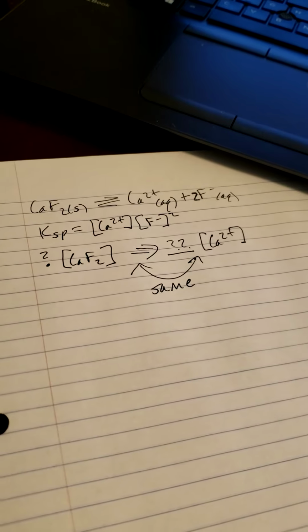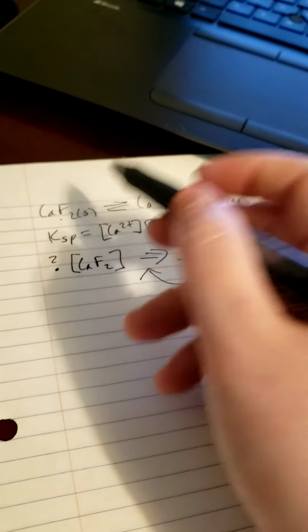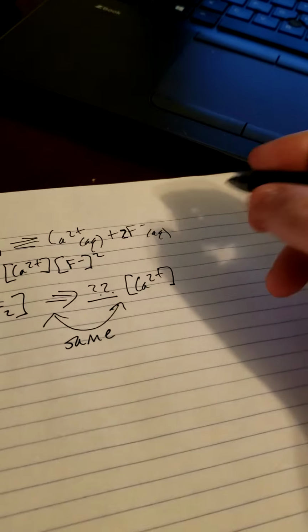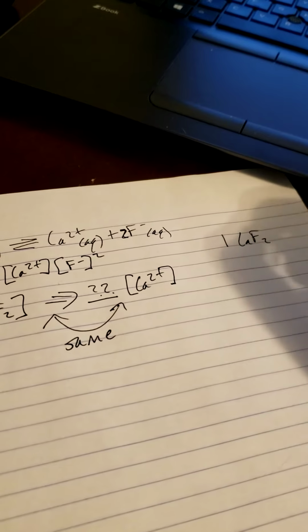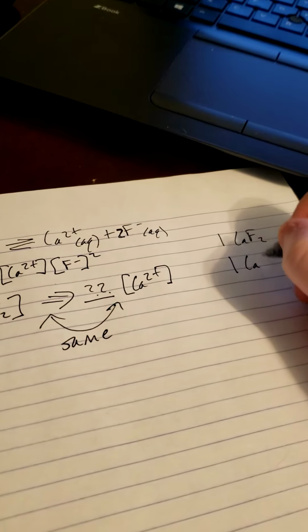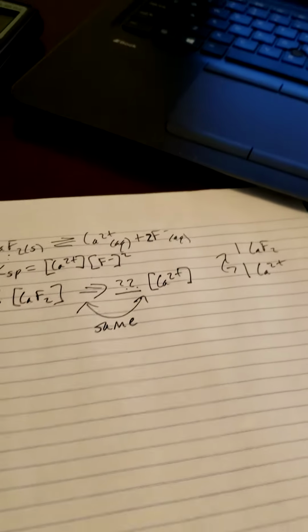They're the same because there is a 1-to-1 relationship between the two: for every one calcium fluoride compound there is one calcium ion. So it's a 1-to-1 ratio.